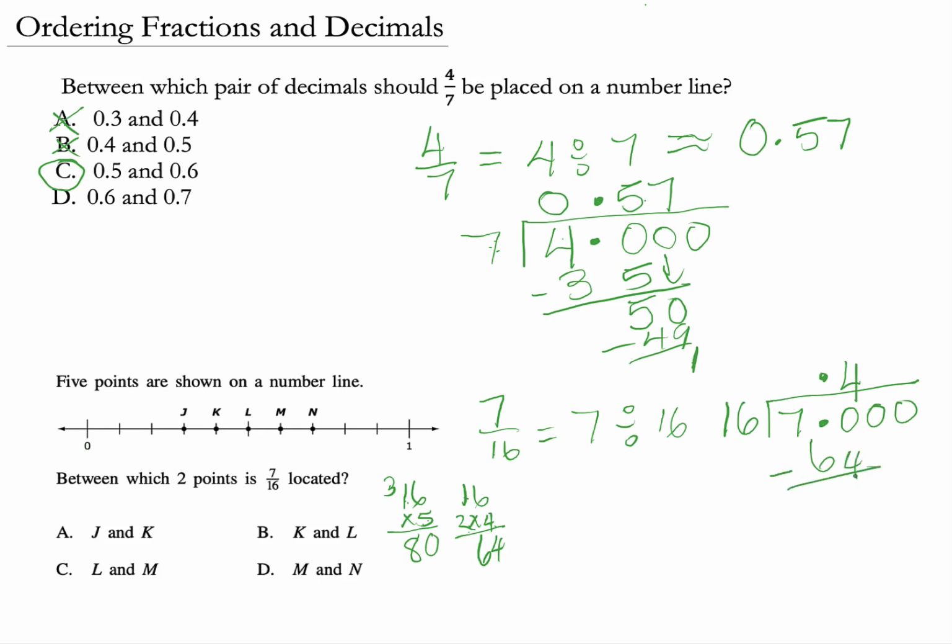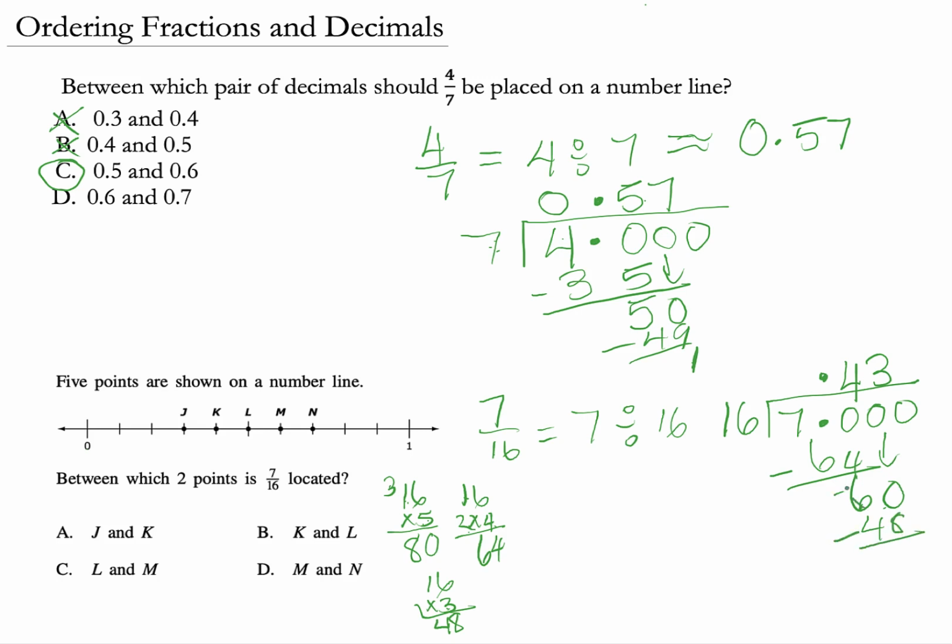When I subtract, I get 6. Okay, bring down that number. So 16 goes into 60. Well, it can't be 4 times. So it's like, okay, 16 times 3. 3 times 6 is 18. 3 times 1 is 3 and 1 is 4, so it's 48. So that's 3. We get 48.